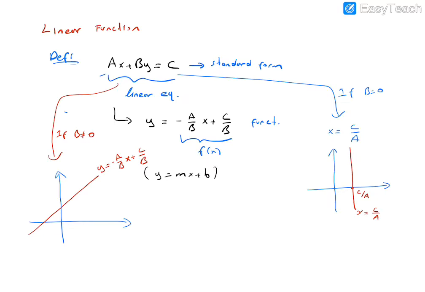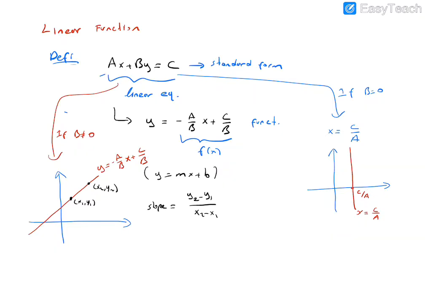So what does the slope minus a over b mean? You choose two different points on the line, for example these 2 points. The coordinates of the first point are x1, y1. The second point is x2, y2. So the slope of the line is y2 minus y1 over x2 minus x1.